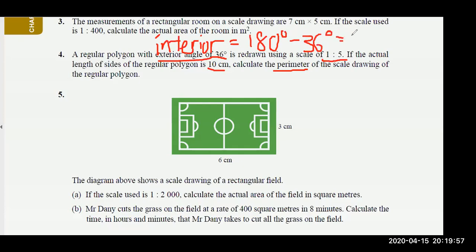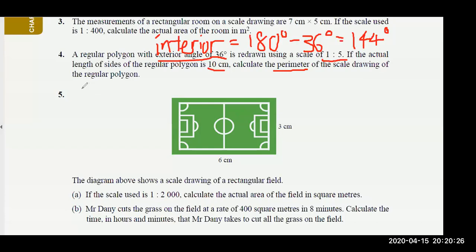So equal to 144. So you know that inside the interior you got 144 on one angle. So what polygon is it? You need to find.